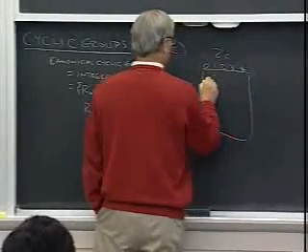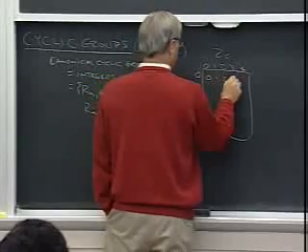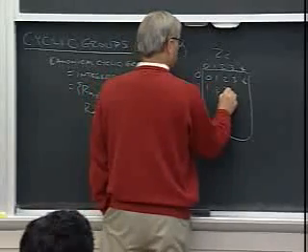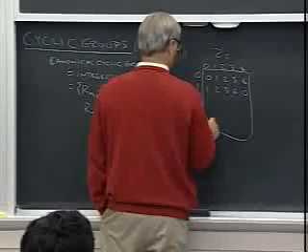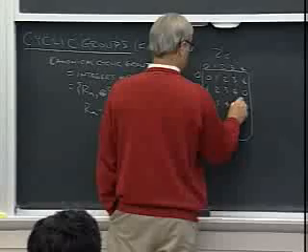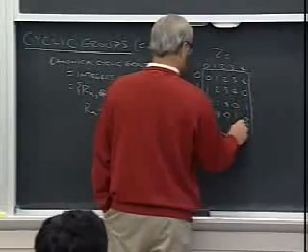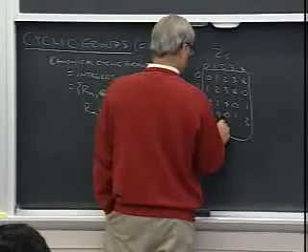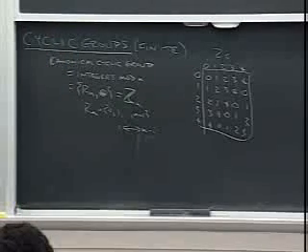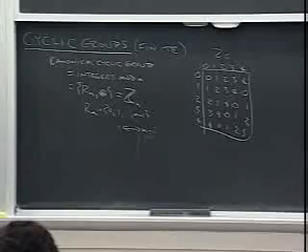If I take Z5, for instance, 0, 1, 2, 3, 4, 0 plus anything looks like that. 1 plus anything is just 1, 2, 3, 4, and 1 plus 4 is 0, mod 5. 2, 3, 4, 0, 1, and so forth. 3, 4, 0, 1, 2, 4, 0, 1, 2, 3. Each row or column is just a cyclic shift of the previous row or column. Just fill it out. Does it satisfy the permutation property?